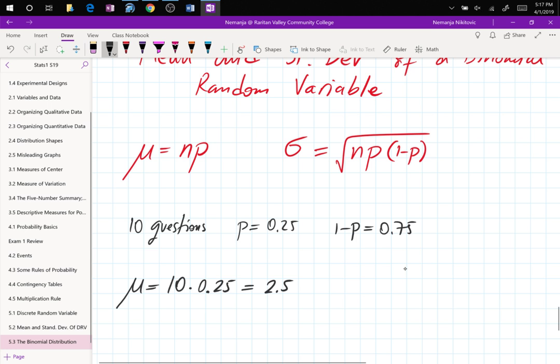Nice, right? And that's the mean of what you should get correctly. Expected value, 25%. And then you have the standard deviation of square root of 10 times 0.25 times 0.75. So let's see what we get there. Square root of 0.75... 1.37.